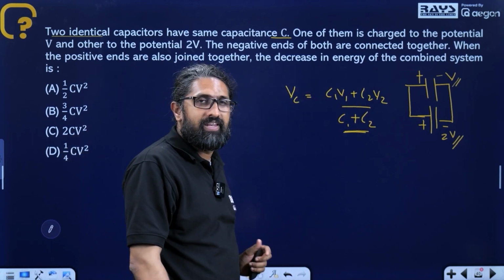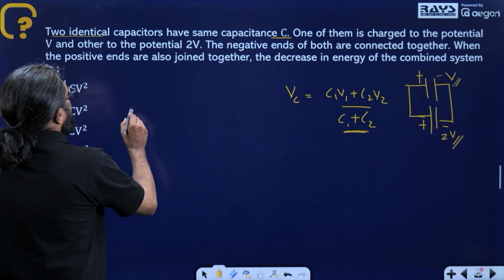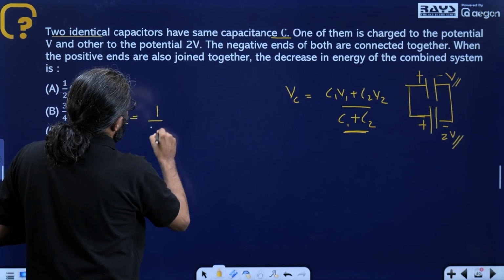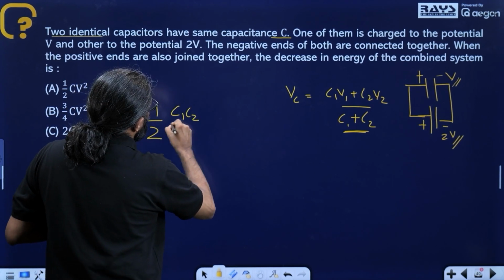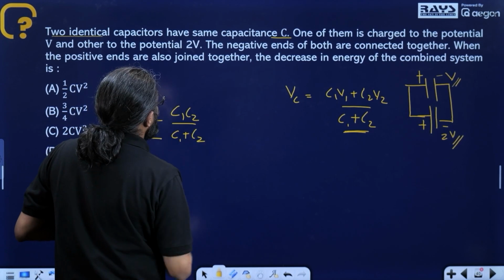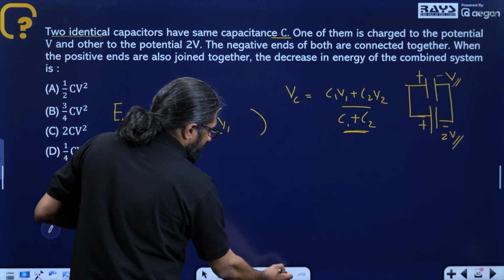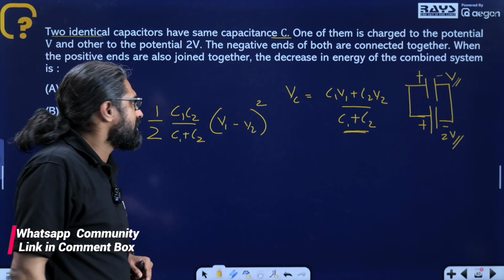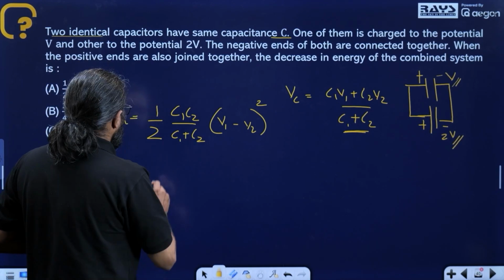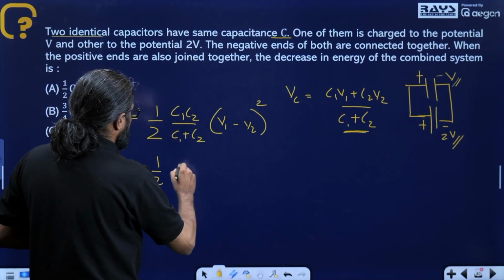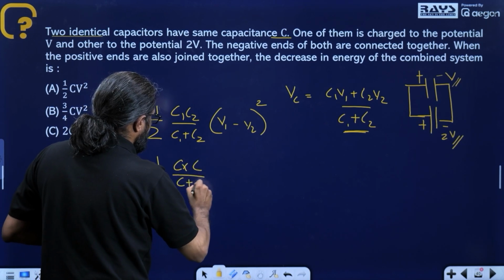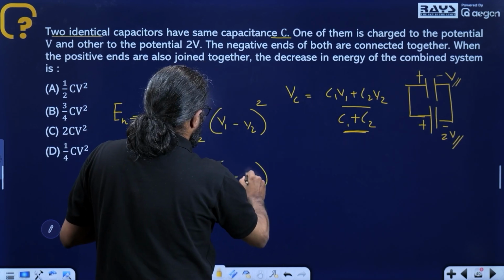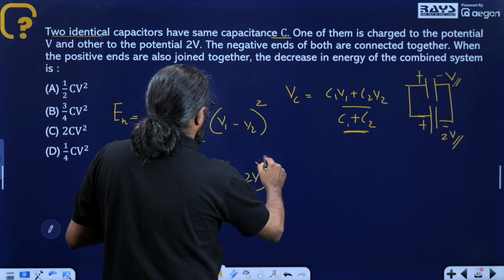In this case, we have an expression to find out the energy lost, and that is equal to 1 by 2, half, C1 C2 divided by C1 plus C2 into V1 minus V2 whole square. That's how you calculate this. Now, this will then be equal to 1 by 2, for identical capacitors, C into C divided by C plus C multiplied with V1 minus V2, which will be V minus 2V whole square.